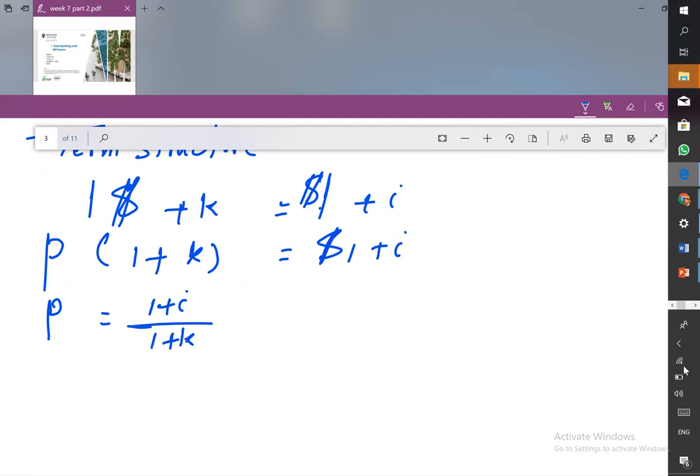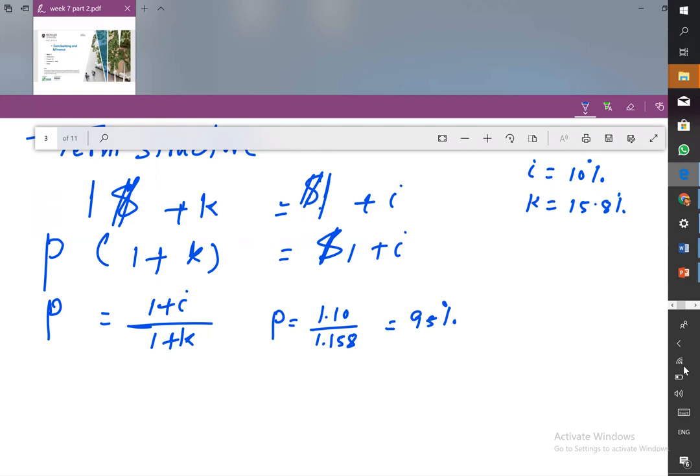So if I is, say, 10% and K is 15.8%, I can say B is 1.10 over 1.158, which is about 95%.